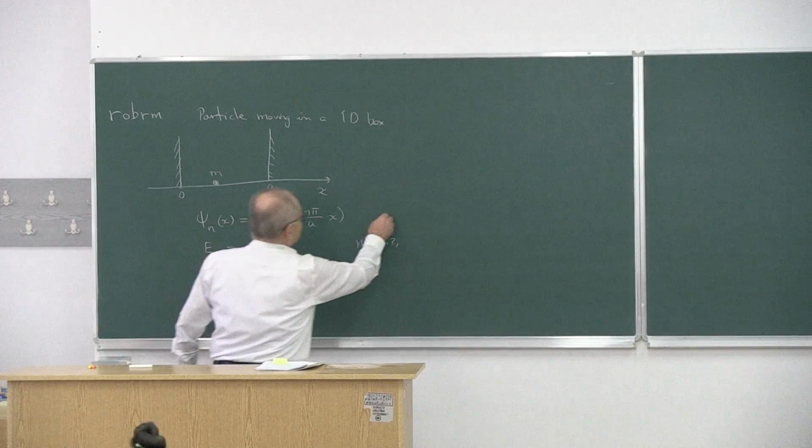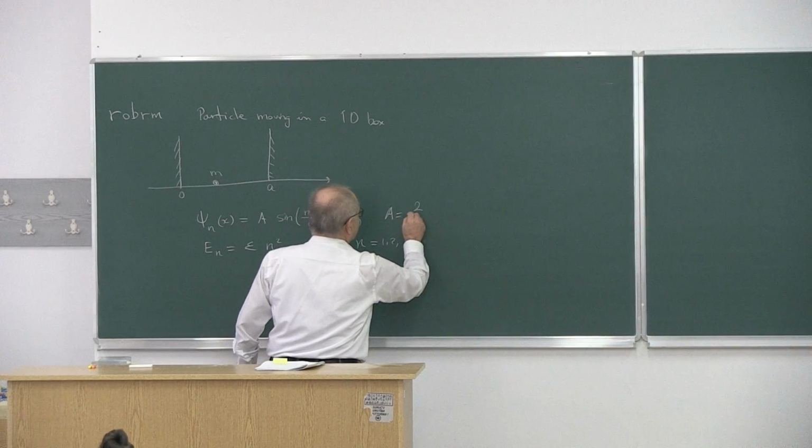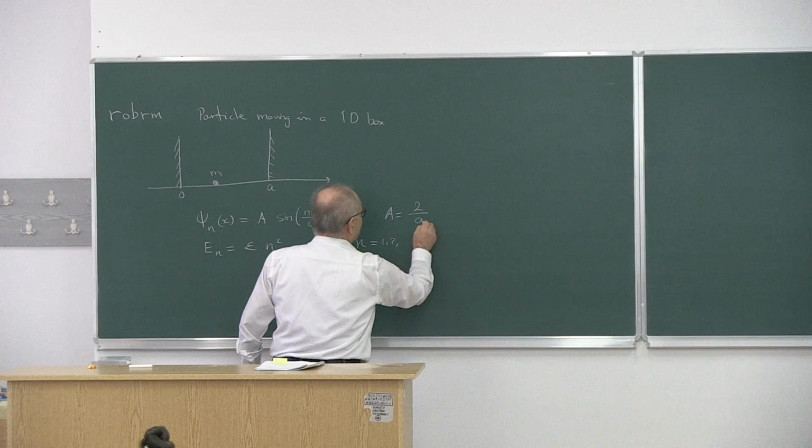And the normalization constant is square root of 2 over a.